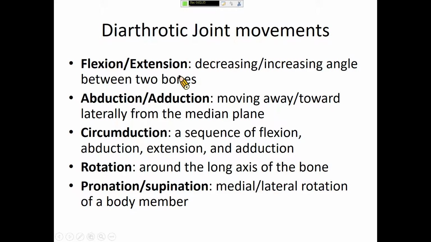Now, at the elbow here, I'm going to bend it like that. So you are decreasing the angle, right? You are decreasing angle. So you say you are flexing. You're doing a flexion. So suppose I'm reducing the angle between the hand and the forearm.